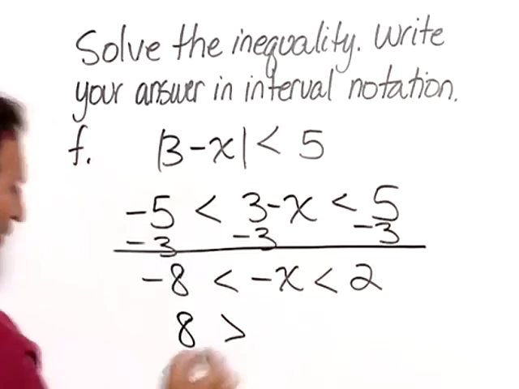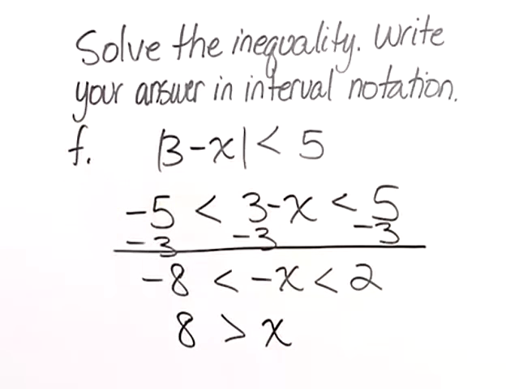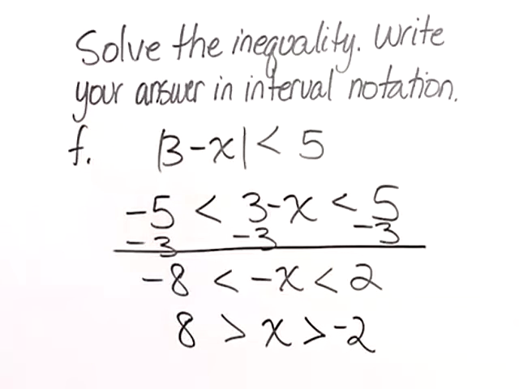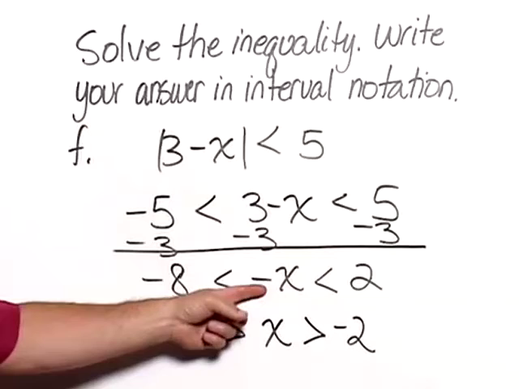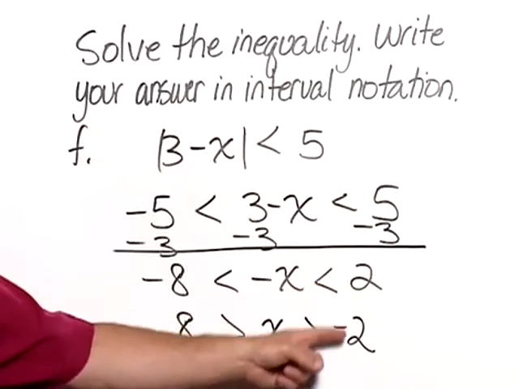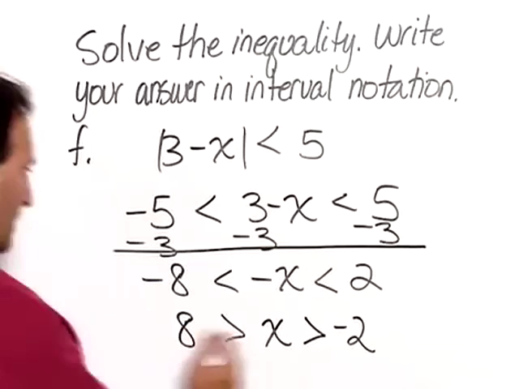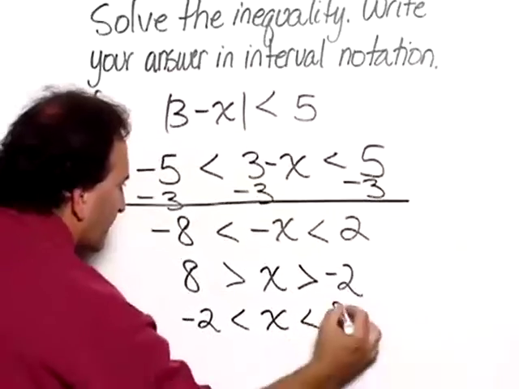We need to reverse the symbol because we're multiplying or dividing by a negative number. And then we get negative 2. So negative 8 times negative 1 is positive 8, negative 1 times negative x is positive x, and negative 1 times positive 2 is negative 2. So here's our solution. Now, normally that would be written the other way, so let me do that, where we say negative 2 is less than x is less than 8.